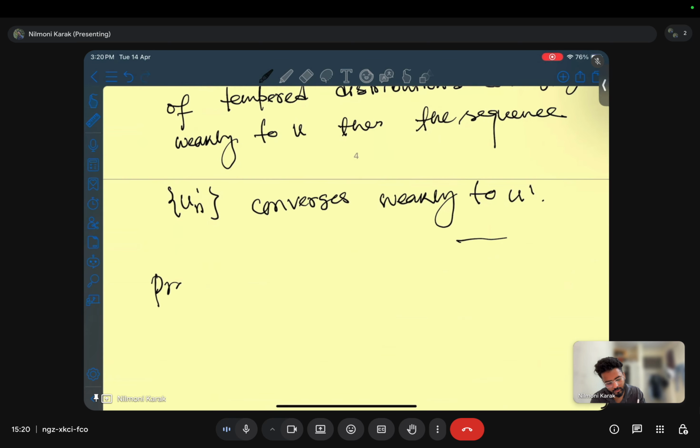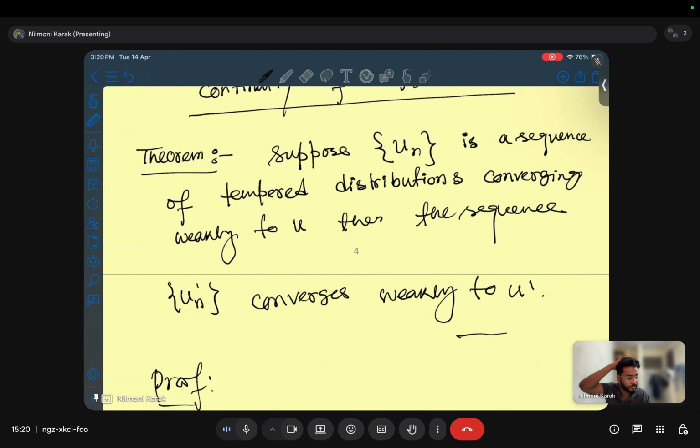Proof is very simple. So un is a sequence of tempered distributions converging weakly to U, and then the sequence of derivatives un dash converges weakly to U dash.